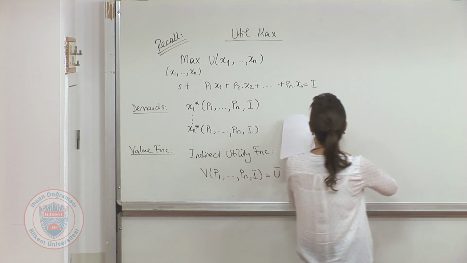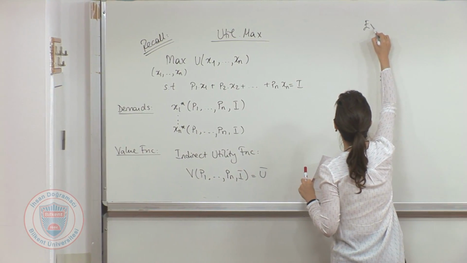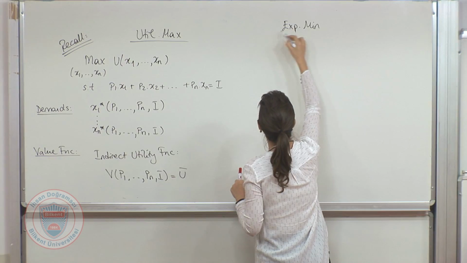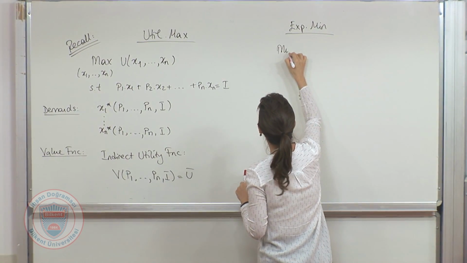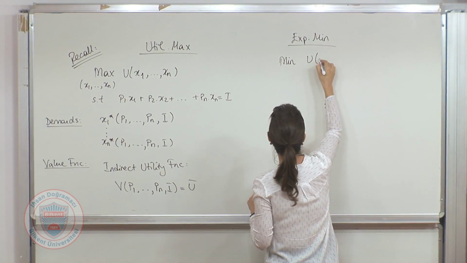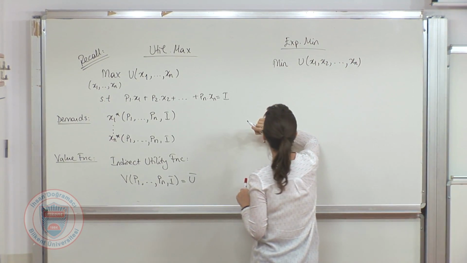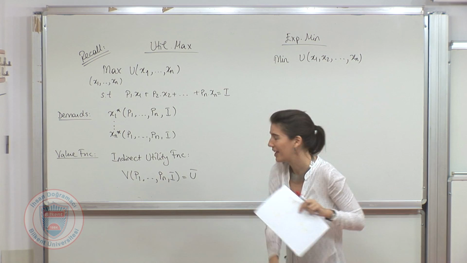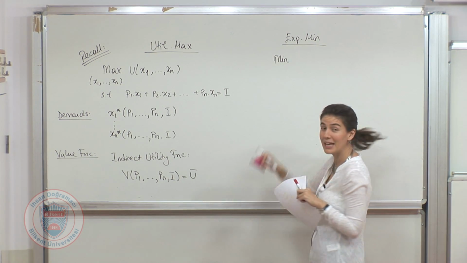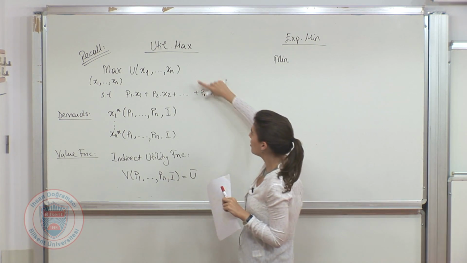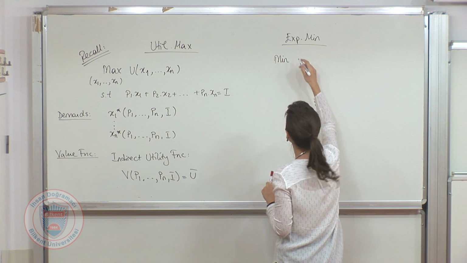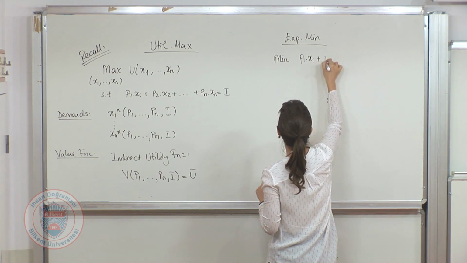Then we wrote down the dual, the expenditure minimization problem. We are minimizing expenditure. Now we flip the constraint and the objective function.